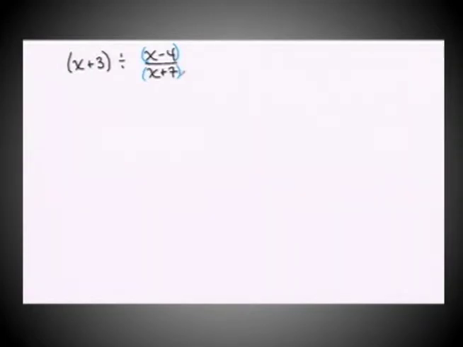So all you have to do is write it as a rational expression by dividing that entire factor by 1. So I'll just rewrite this. Now I have x plus 3 divided by 1 divided by x minus 4 over x plus 7.